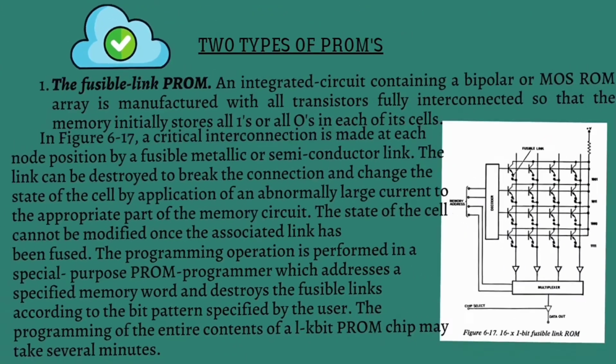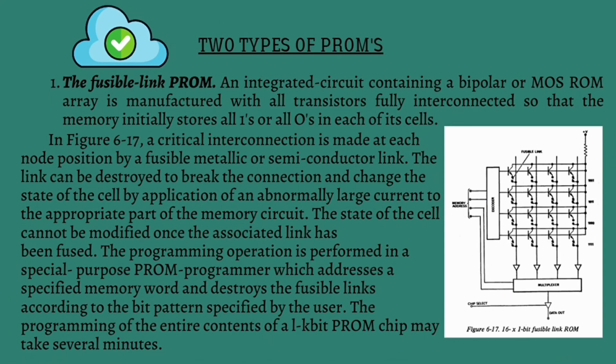The fusible link PROM is an integrated circuit containing a bipolar or MOS ROM array, manufactured with all transistors fully interconnected so that the memory initially stores all 1s or 0s in each cell. In figure 6.17, a connection is made at each node position through a fusible metallic or semiconductor link.